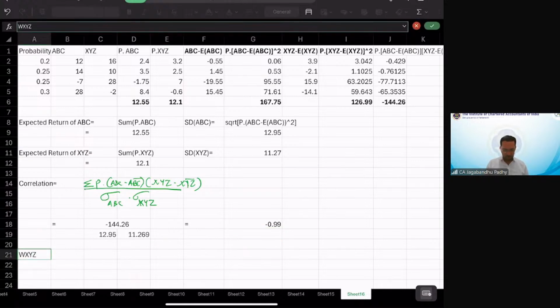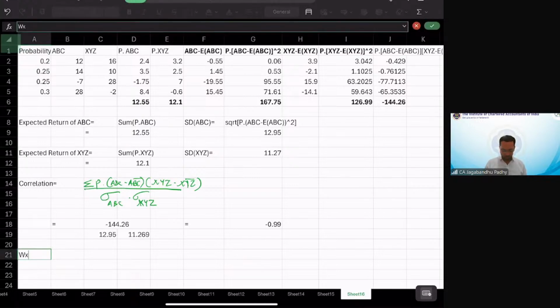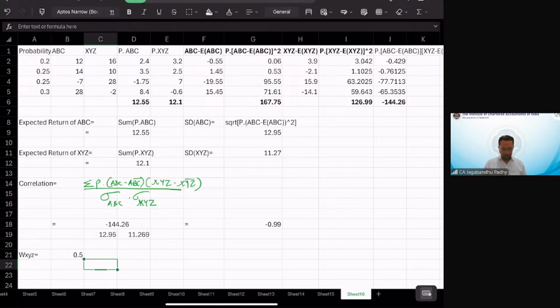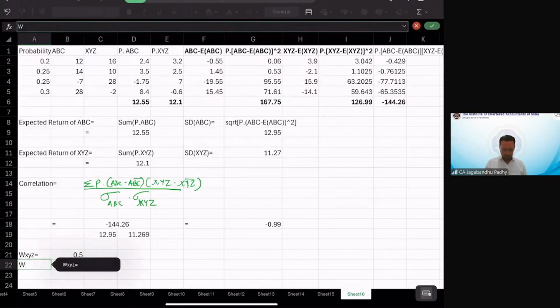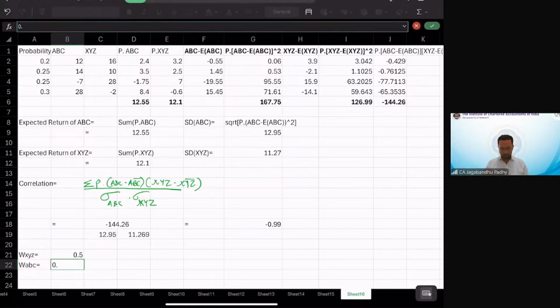Weightage of XYZ is 0.5, and weightage of ABC is also 0.5.